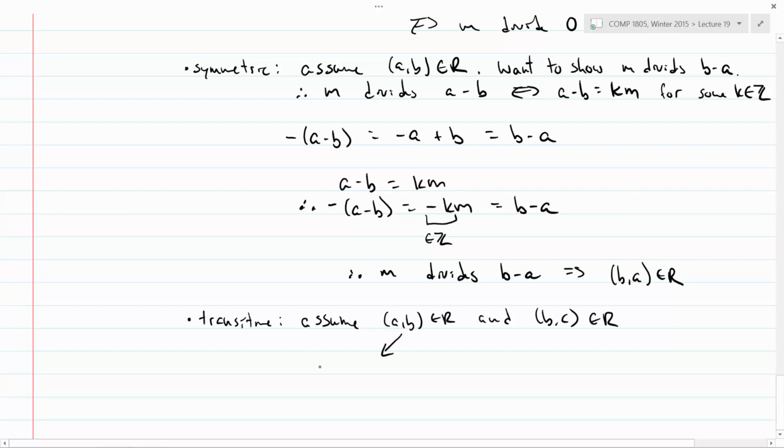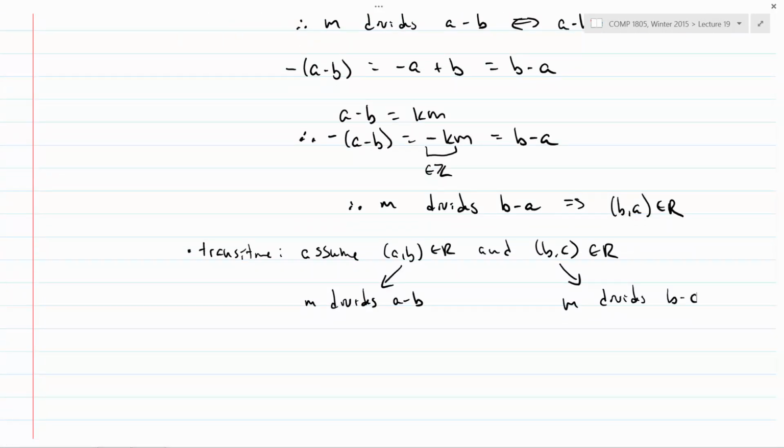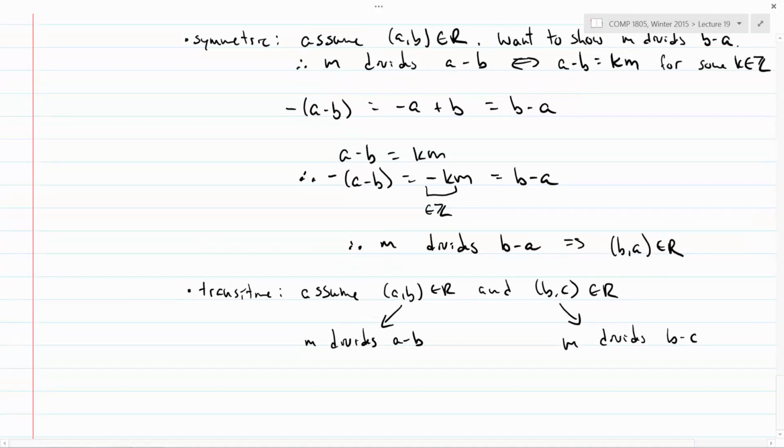So this means that m divides a minus b, and this means that m divides b minus c. And now you write out what that means.